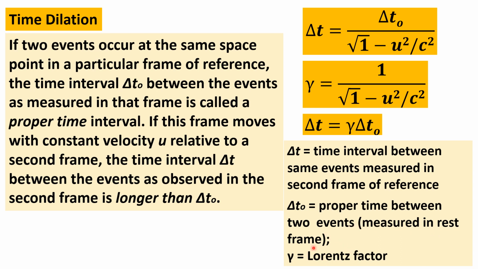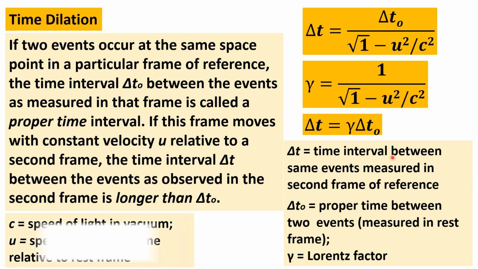Gamma is the Lorentz factor, equal to the reciprocal of the square root of 1 minus u squared over c squared, where u stands for the velocity or speed of the second frame relative to the rest frame. And of course, c is the speed of light in vacuum.